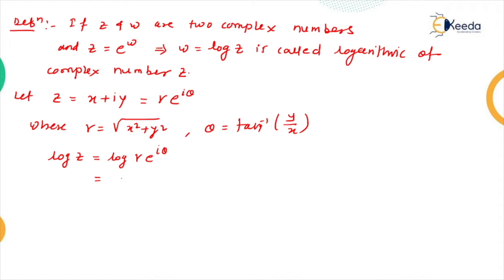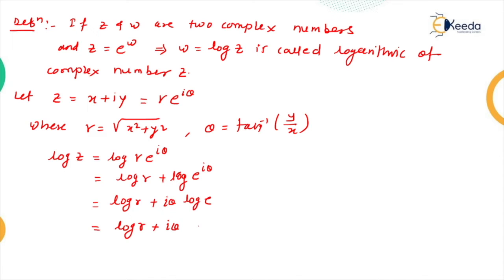This can be written as log r plus i theta into log of e, and you know that log of e is 1. So the remaining is log r plus i theta.